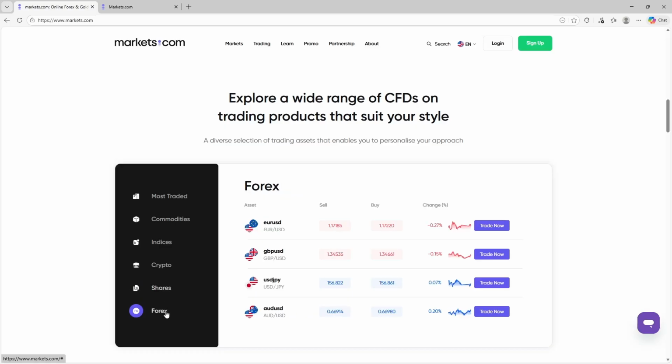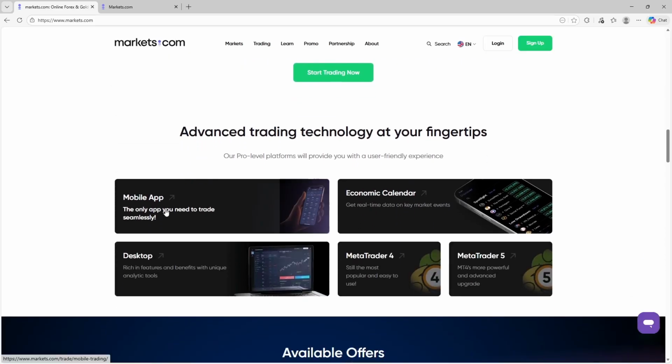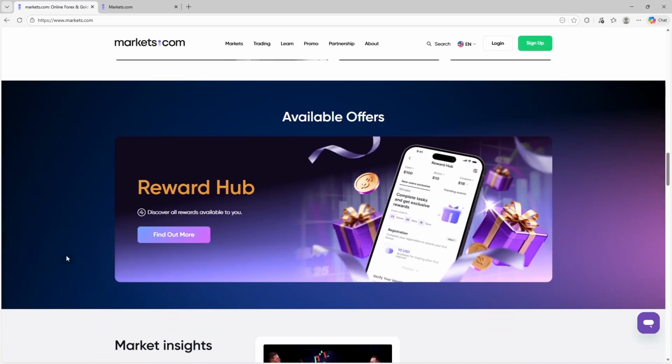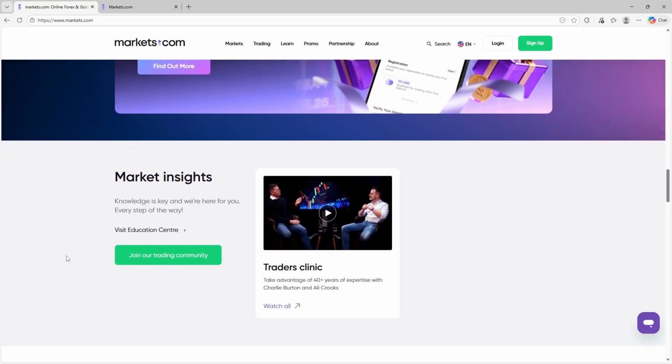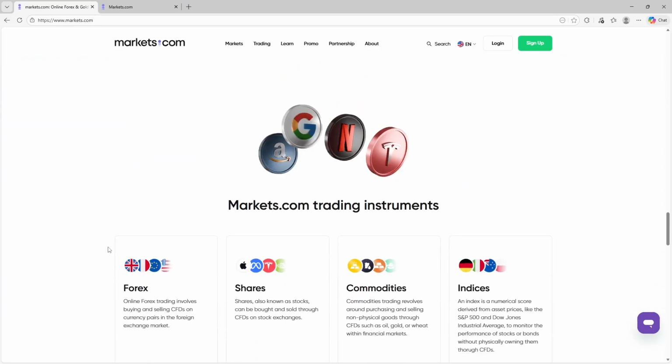The platform supports web-based trading, mobile applications, and MetaTrader integration for traders who prefer a more traditional execution setup. It also includes built-in charting tools, technical indicators, economic calendars, sentiment data, and core risk management features, such as stop loss and take profit orders.